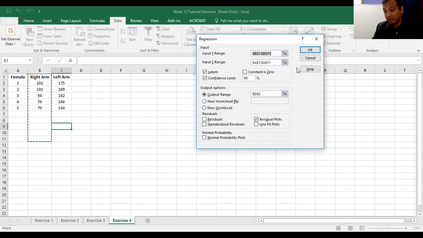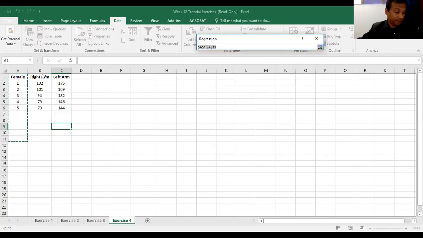So what I said, whatever is there in the regression output, that variable is the independent variable, and that is X. So over here, right arm is X. So for the X range, I'm writing right arm.